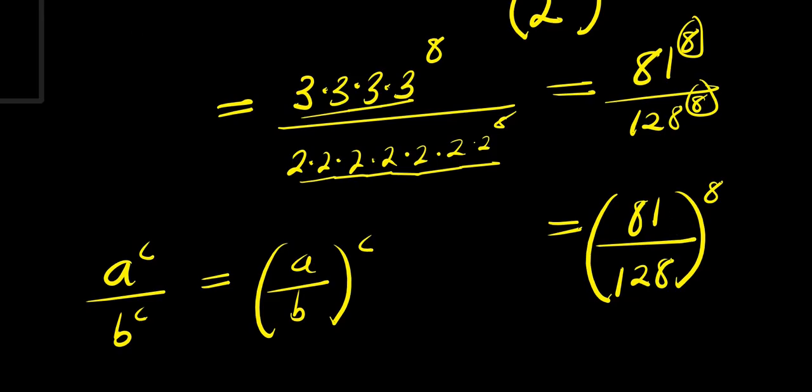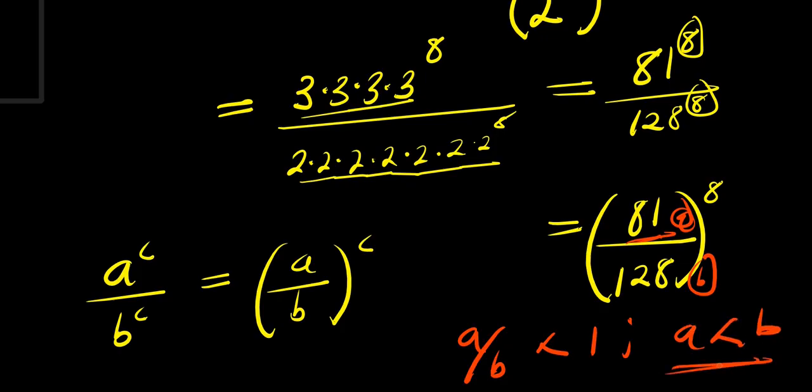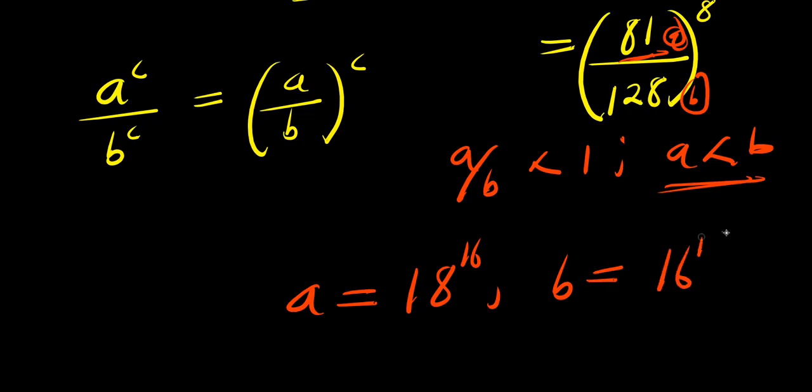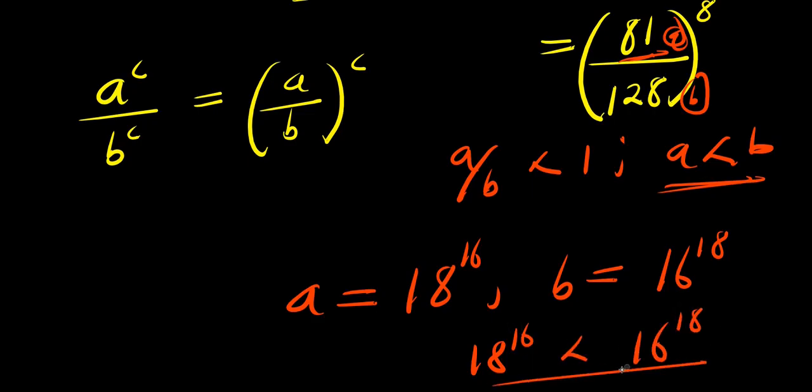Remember, this was our A, and this is our B. So A divided by B will give us a number less than 1, meaning that A is less than B. What is our A from the original question? We had 18 power 16, and B is 16 power 18, meaning that 18 power 16 is less than 16 power 18. That means this is the bigger number.